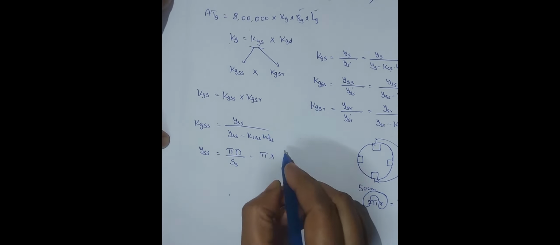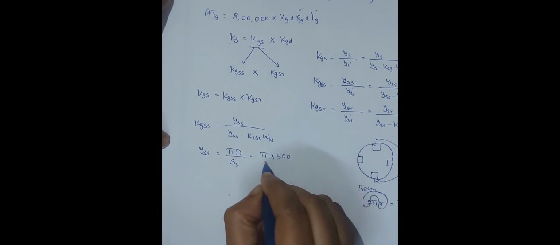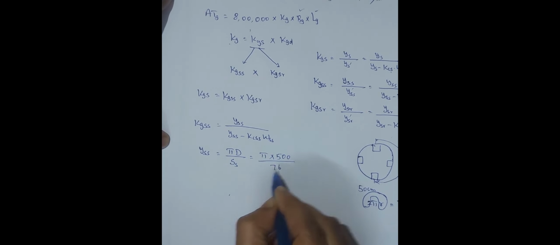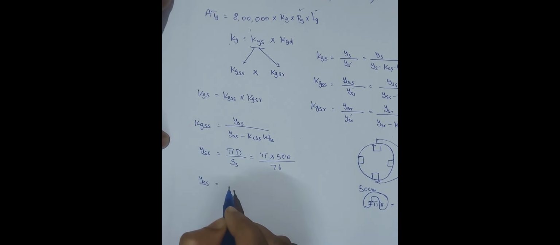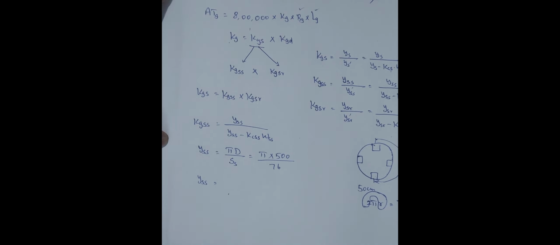So Yss is pi into 500 divided by 76, which is 20.67 mm.